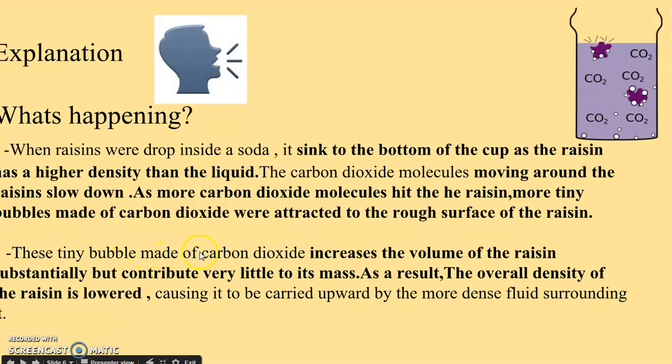These tiny bubbles increase the volume of the raisin substantially, but contribute very little to its mass. As a result, the overall density of the raisin is lowered, causing it to be carried upward by the more dense fluid surrounding it.